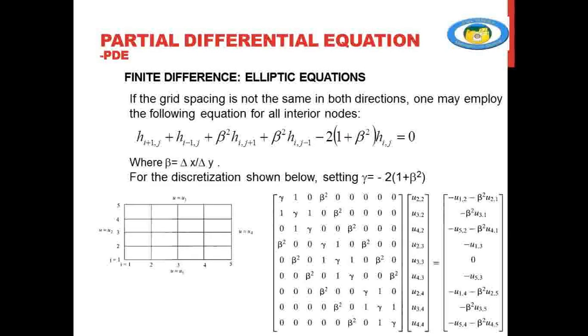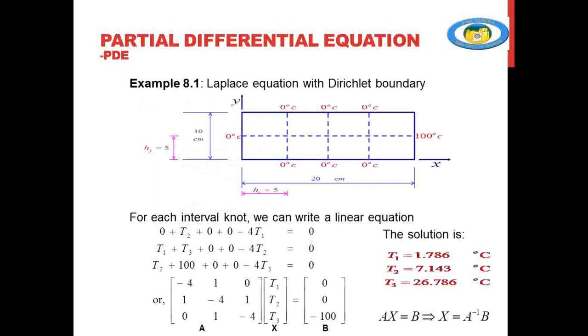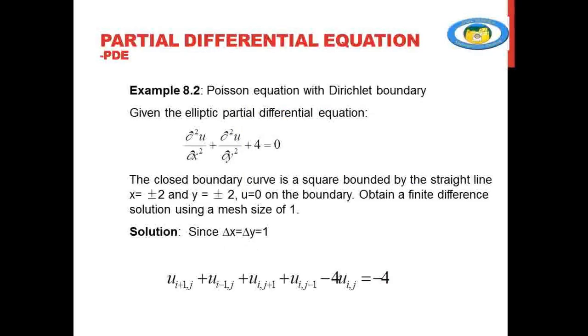Now, what if it is a Poisson equation? In which case, the second derivative of u with respect to x plus the second derivative of u with respect to y is equal to something, in this case equal to -4. So we are given here a closed boundary curve, which is essentially a square bounded by straight lines, from -2 up to +2, with a mesh size of 1, meaning -2, -1, 0, 1, 2.